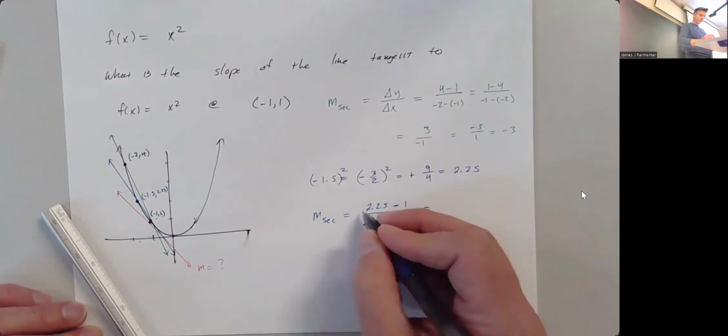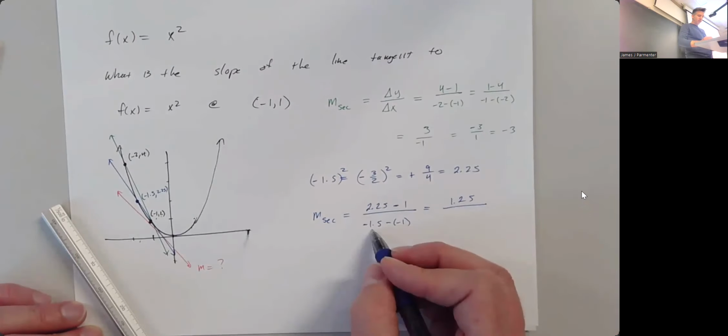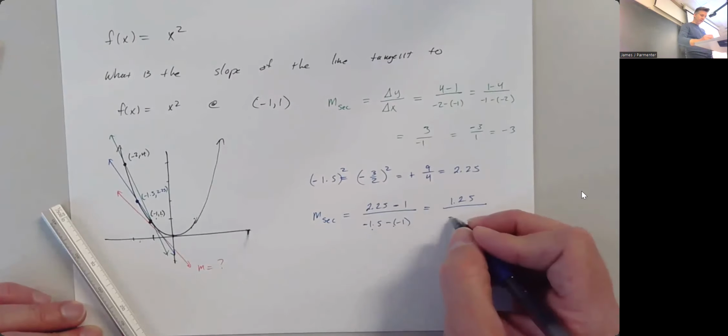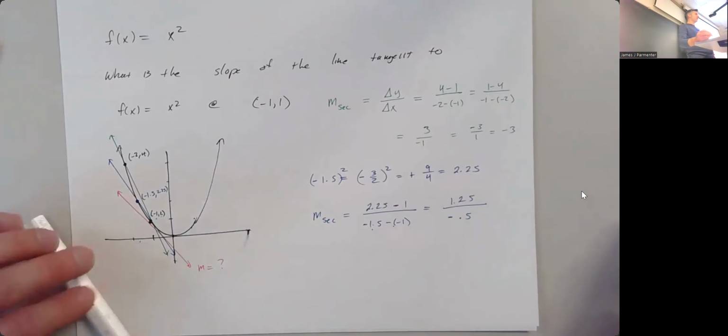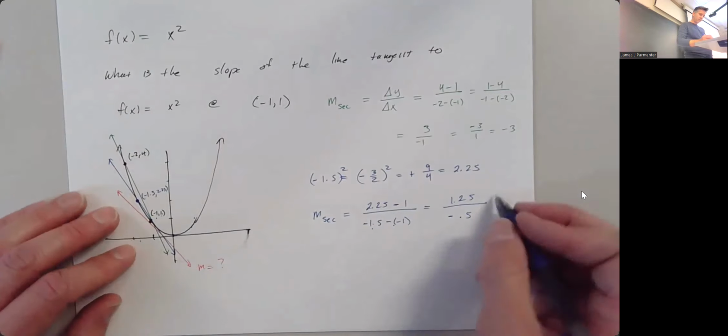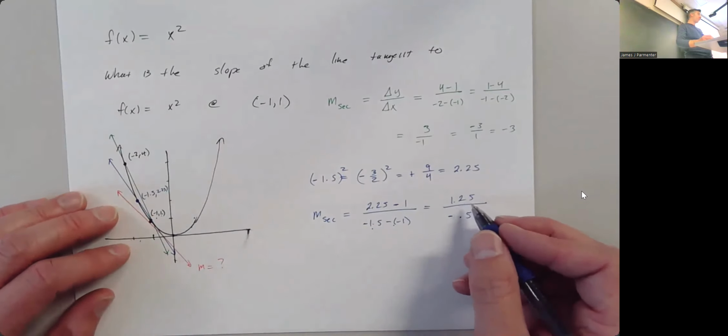So that's going to be 1.25 on top. Negative 1.5 plus 1 is negative 0.5. I would really prefer to be using fractions here. 1.25 is 1 1/4 or 5/4.